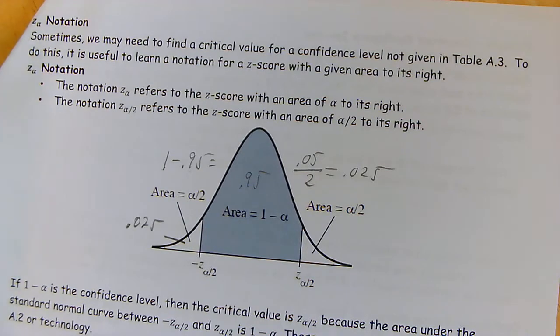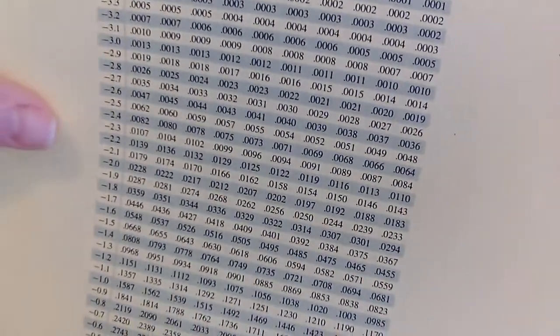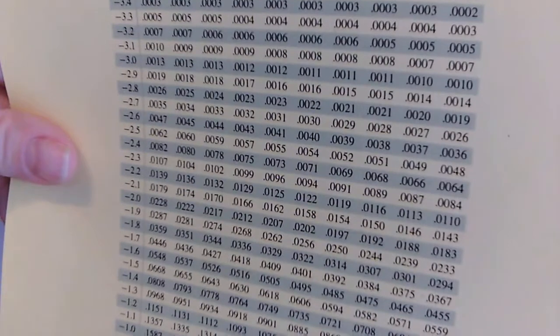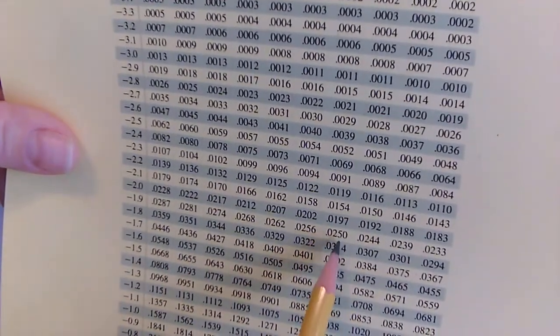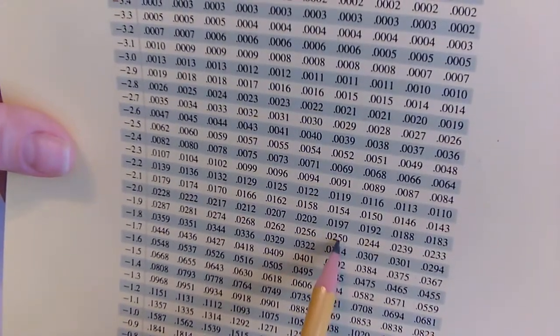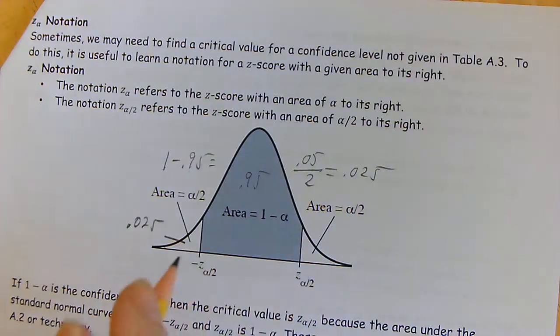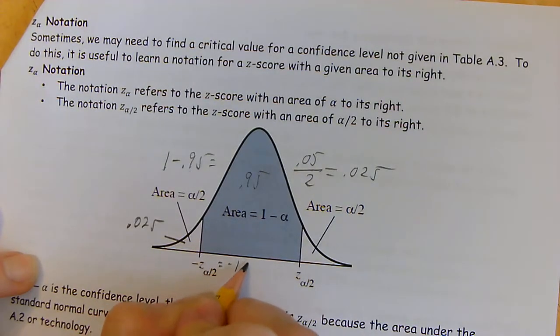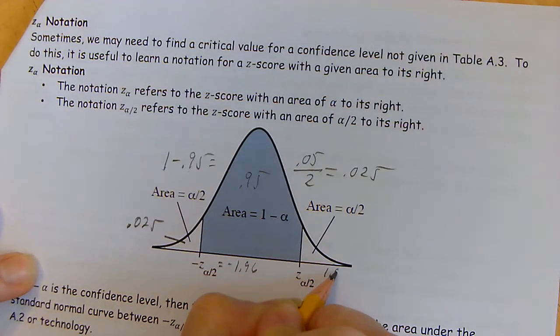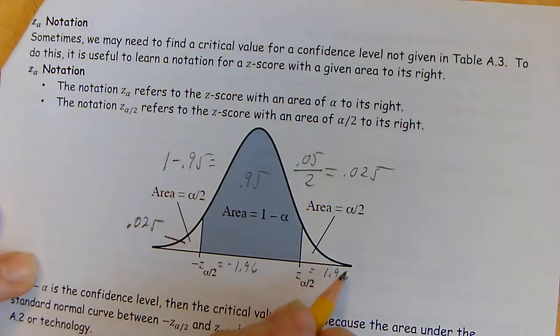Using the yellow table inside out, it was exactly here at negative 1.96. And it's symmetrical, so that's going to be the same but positive.